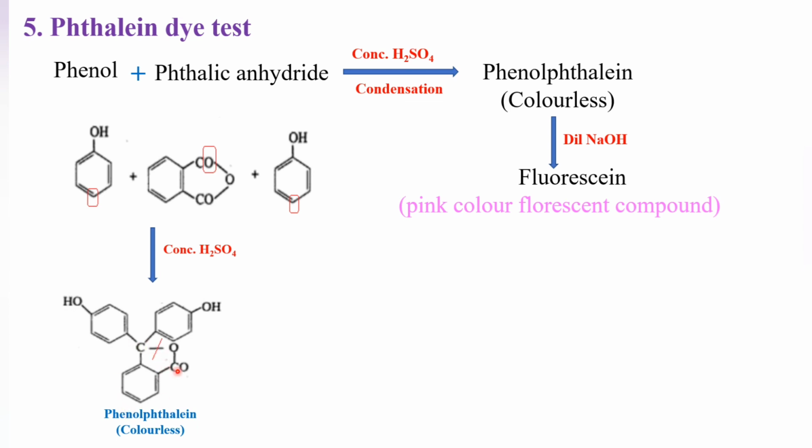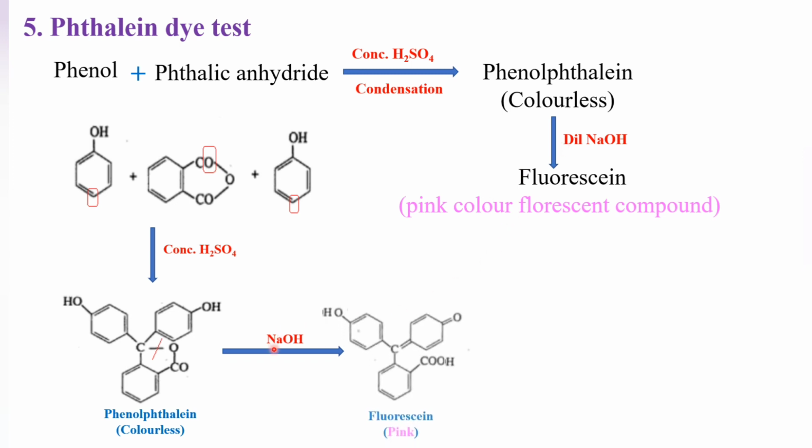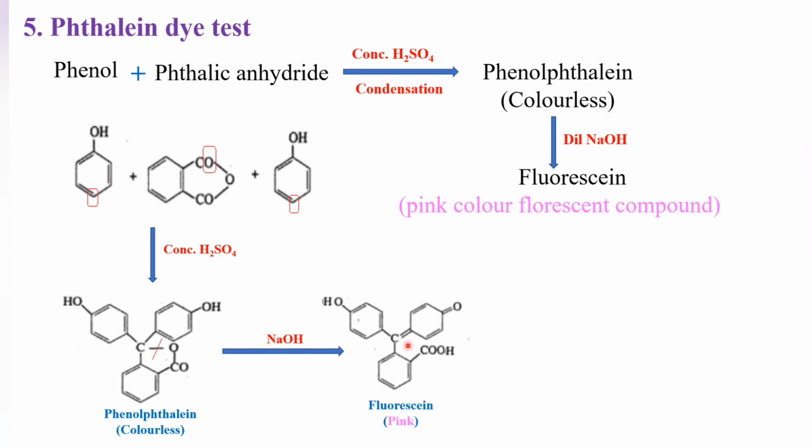So that is the structure of phenolphthalein, that is colorless, and now with the phenolphthalein we have added NaOH, that is dilute NaOH, we are getting fluorescein. So how are we getting fluorescein? Here the bond between carbon and oxygen would be broken and here we have a hydrogen, this hydrogen is coming here and attaches with this and that will be converted to acid.